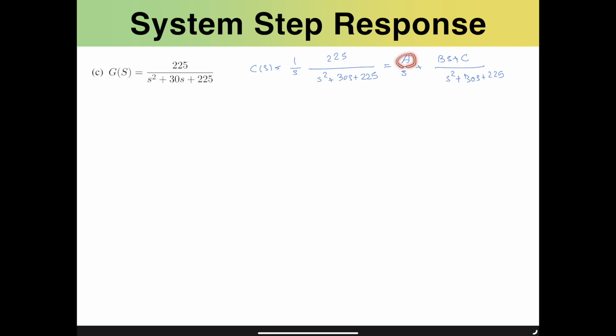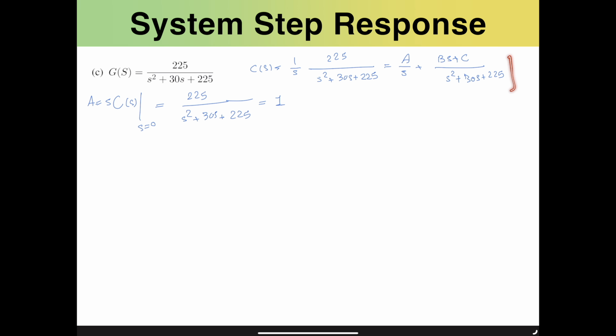So if I want to actually find out what the values of coefficients A, B, and C are, the easiest one is to find A over s, because, as we studied before, we just need to multiply s times C(s) and evaluate that at s equals 0 to find A. So it would be 225 divided by s squared plus 30s plus 225, and these two terms will go away, and we'll be left with this fraction, which is 1.